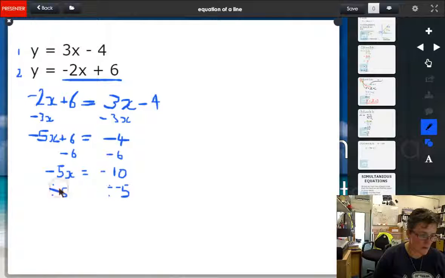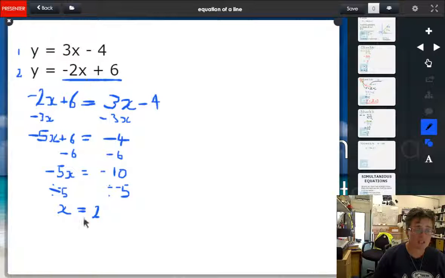So that's -5, and -5 divided by -5 is 1. So we've just got an x equals -10 divided by -5, which is 2. So we know that these two lines cross over where x is 2. x can be 2 in either of these equations.